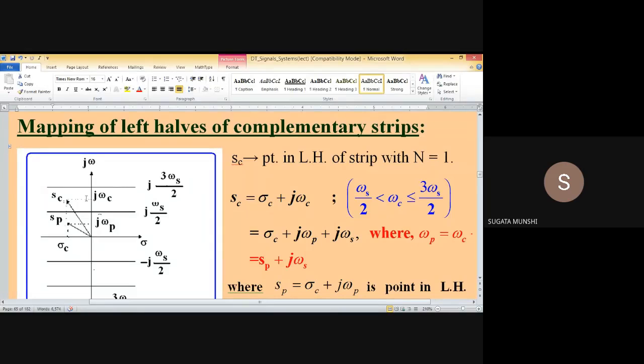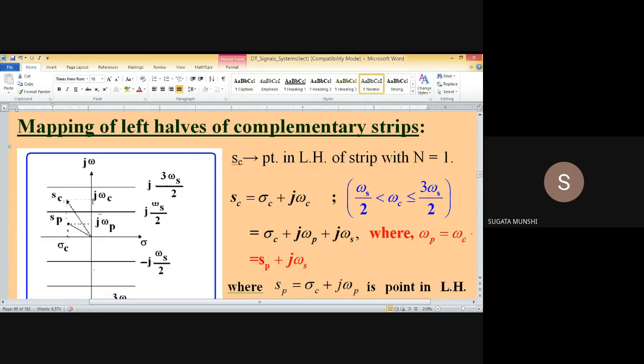Now, corresponding to any and every SC, you can find a point SP in this primary strip, which will have the same real part, but an imaginary part such that the difference between j omega c and j omega p is j omega s.